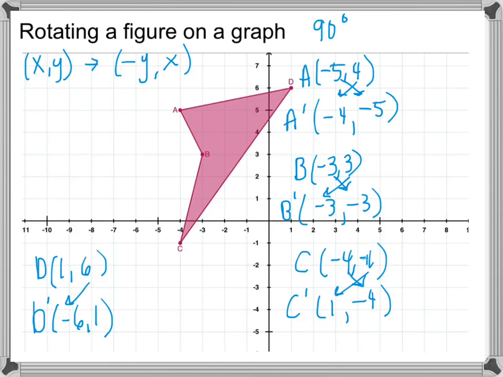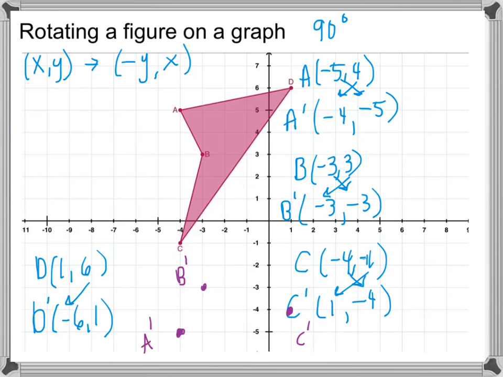Okay, let's graph these points with another colored marker here. So let's see, A prime would be negative 4, negative 5, right here. That's A prime. B prime will be negative 3, negative 3. Oops, that's B prime, okay. C prime is 1 and negative 4. That's C prime.